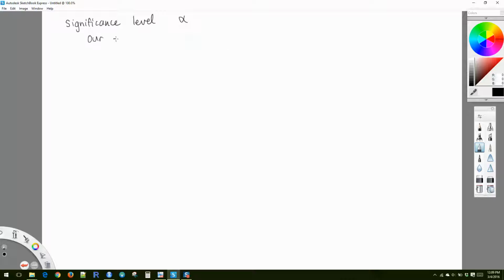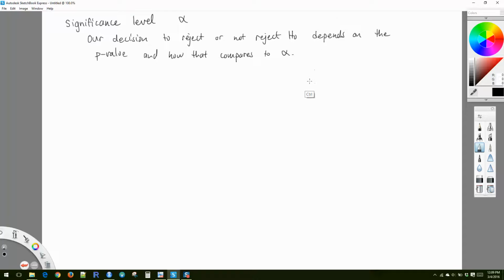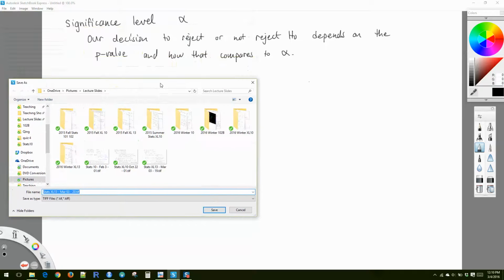So our decision to reject or not reject the null hypothesis depends on the p-value and how that compares to alpha.